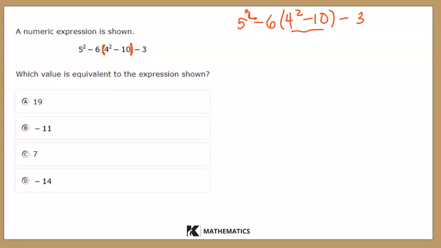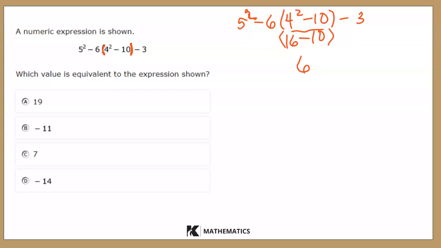I need to take care of this exponent first. 4 times 4 is 16, minus 10. I've still got to work in my parentheses. 16 minus 10 is 6.